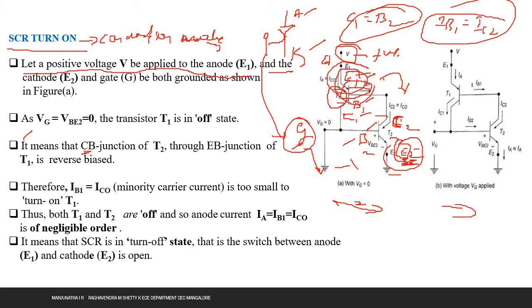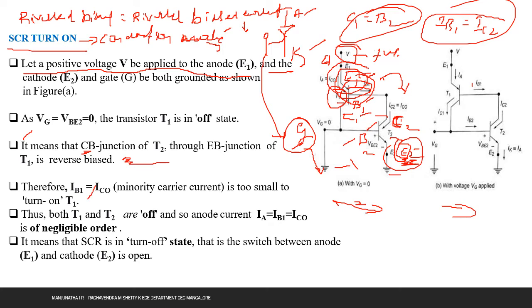And we know that in reverse bias, there is a very small current, that is due to the reverse bias current, and that is very small, in a negligible order, so that we can understand.